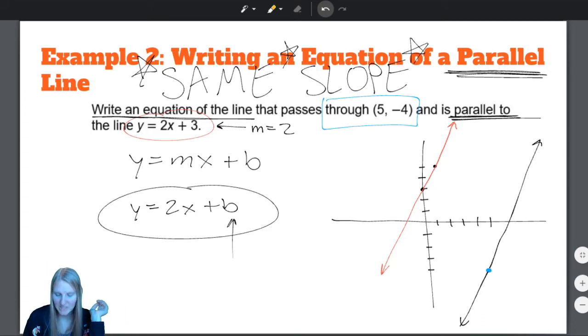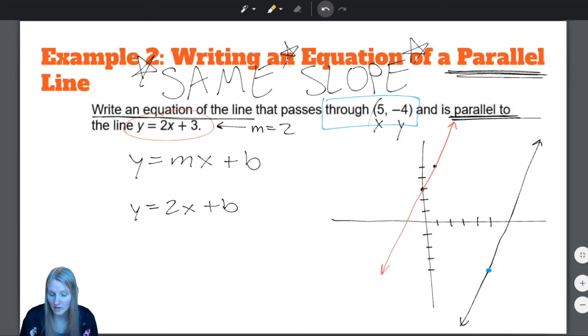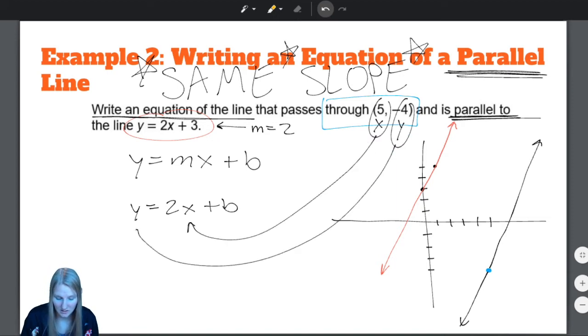What is b? Well, you'll remember from section 4.1 part 3 that I can plug in this point and find what the y-intercept is. So let's do that. 5 is x, negative 4 is y, and I'm going to plug these into our equation.